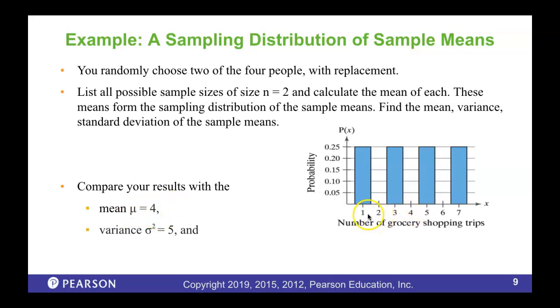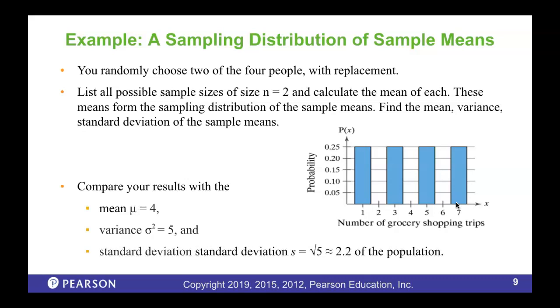If you add 1 plus 3 plus 5 plus 7 and divide by 4, we can say on average, these 4 people will go grocery shopping 4 times a month. That's the average. And the variance comes out to be 5, and we know how to do that using the formula, but we're just going to use this because they gave this to us. The standard deviation of the population is 2.2.